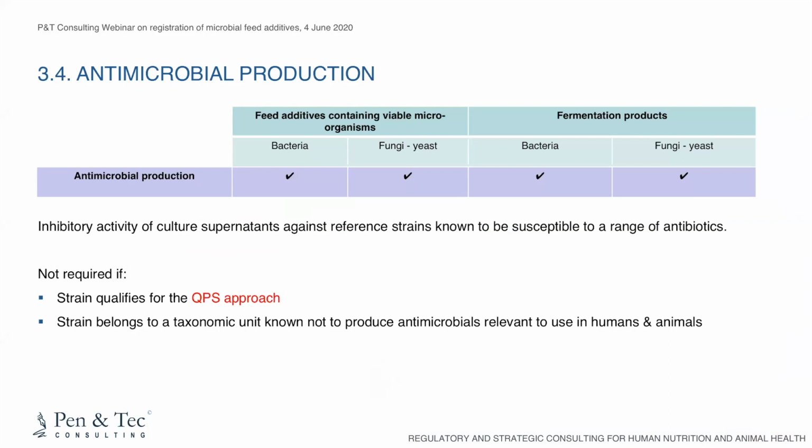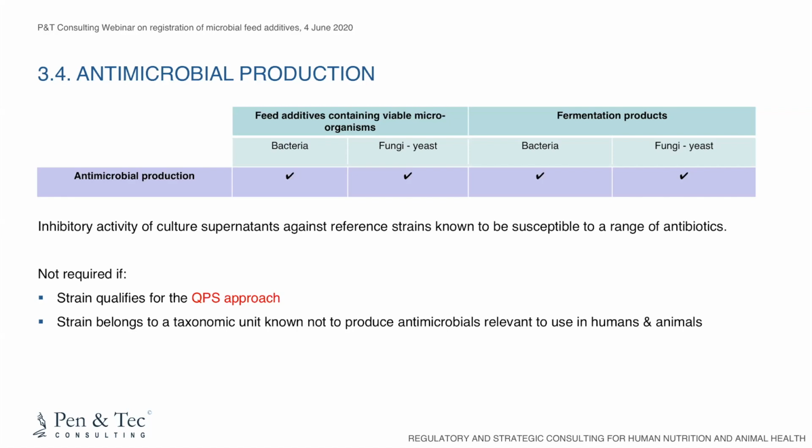If there's a positive outcome in one or more studies, in one or more species, the inhibitory substance should be identified. And for the production strains for which antimicrobial activity has been identified, the absence of carryover into the final product needs to be evaluated.